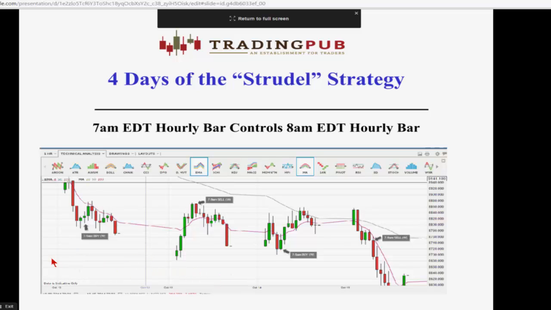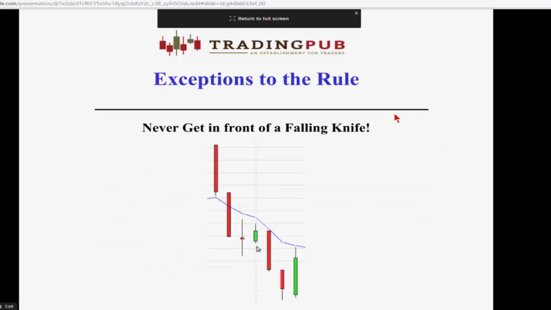And even sometimes, if you notice, the 8 a.m. one dropped below the 7 a.m. opening price, remember that I'm finding the first Nadex strike price below. Sometimes there's enough slack that even if it visually looks like the 8 a.m. bar was a loser, it actually can be a winner just because of the space between the 7 a.m. opening price and where the nearest Nadex strike price was.